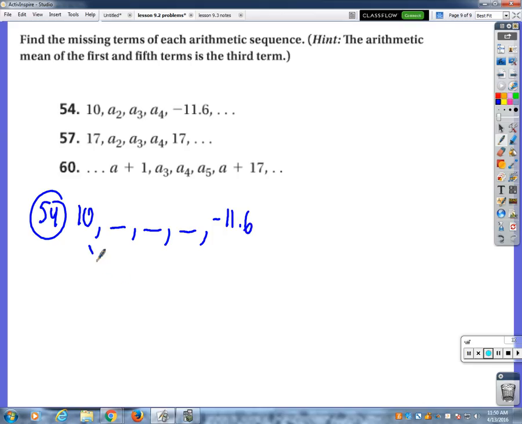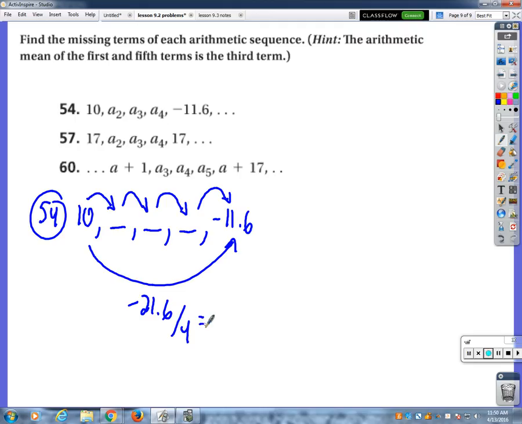So this entire difference is negative 21.6. How many steps, though, do they want us to take to get from 10 to negative 11.6? 4. So to figure out the size of each step, I take the total distance and divide it by 4.